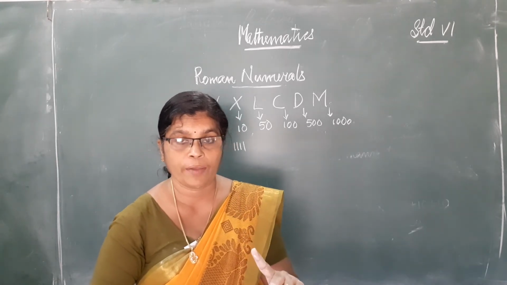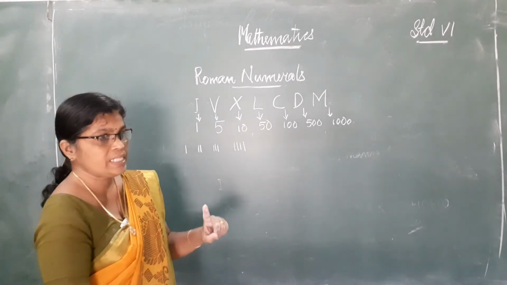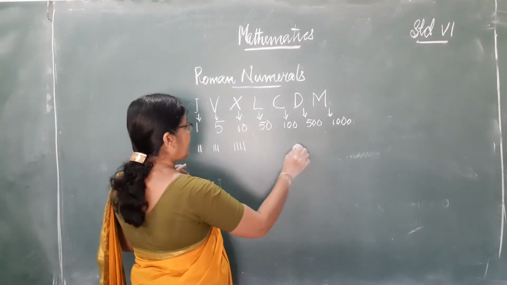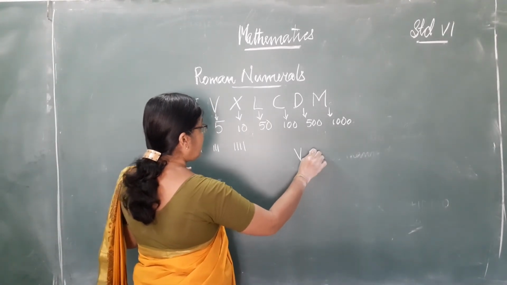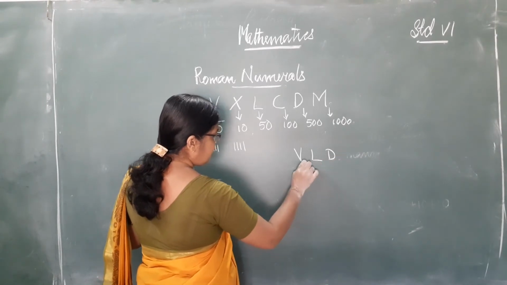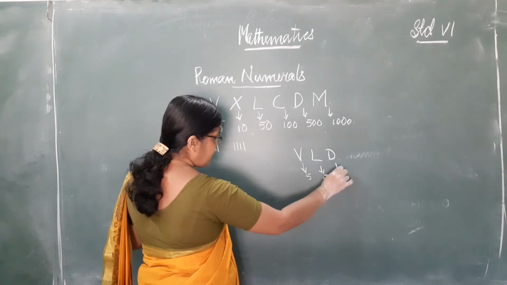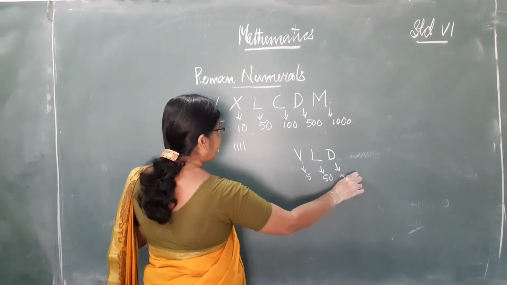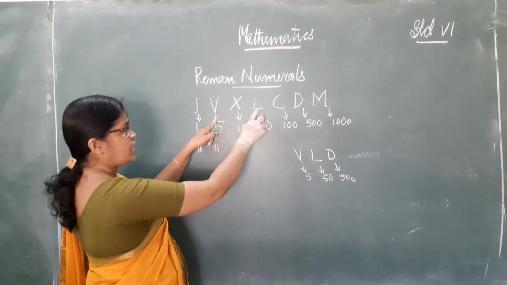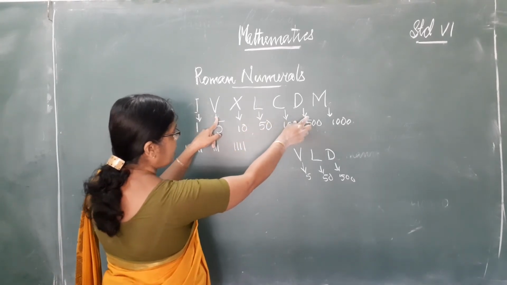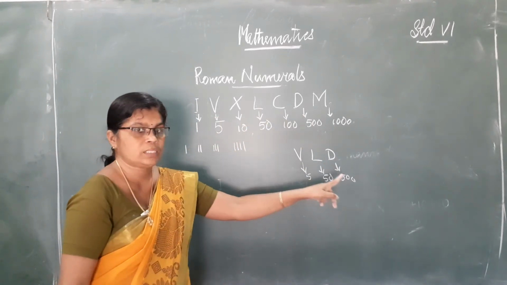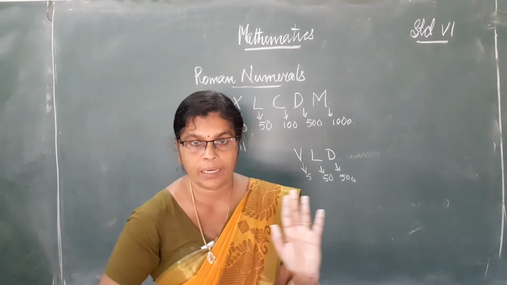And next thing you have to remember is that the symbols V, L, D, that is V is 5, L is 50 and D is 500, are never repeated.